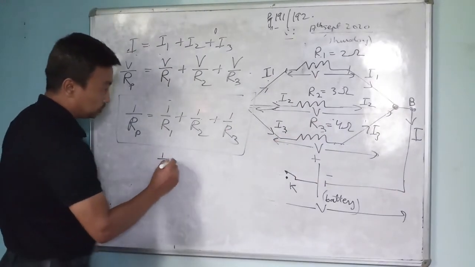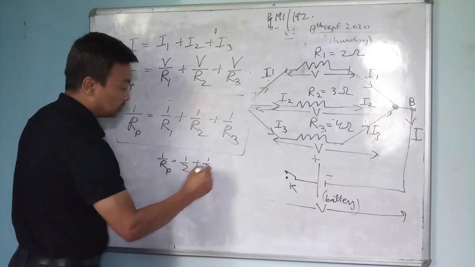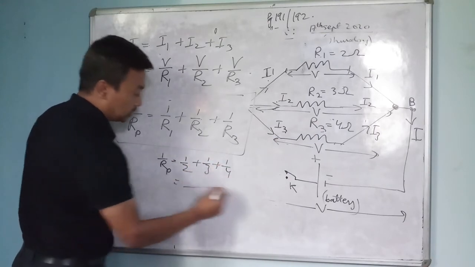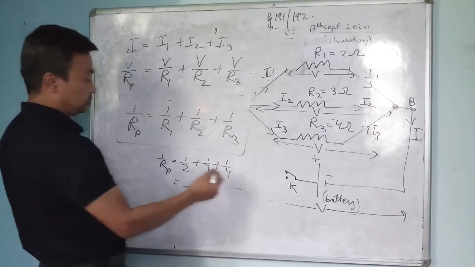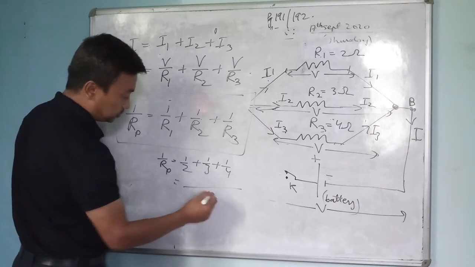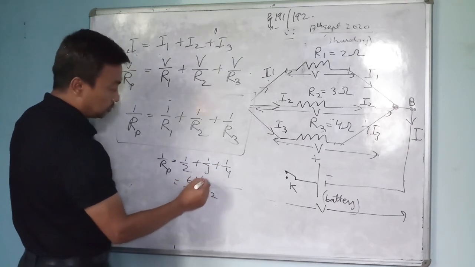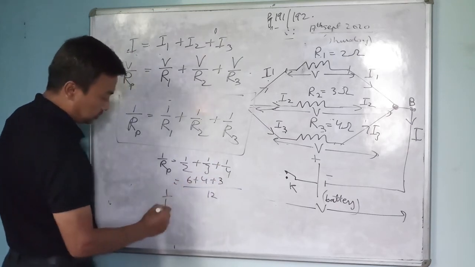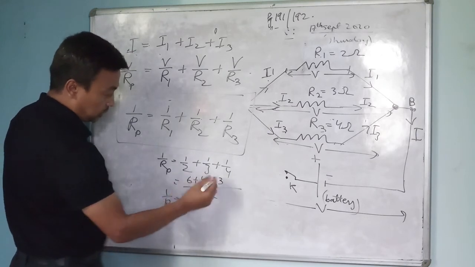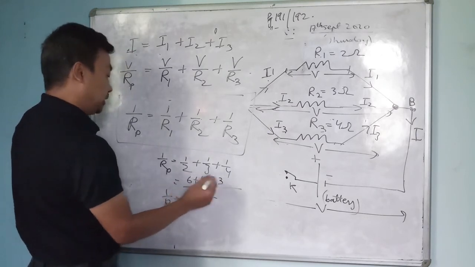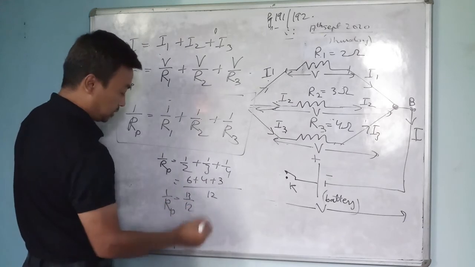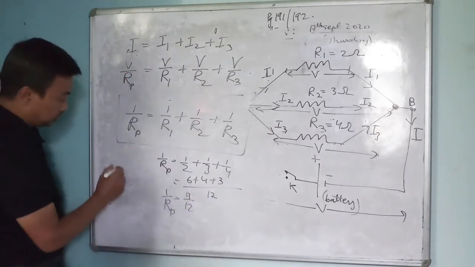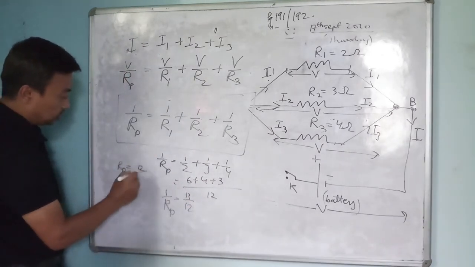What do you get here? 1 by 2 plus 1 by 3 plus 1 by 4. So let us add this quickly by taking the LCM. I think it should be 12. 6, 3 4s are 12, 4 3s are 12. So we get 6 plus 4 plus 3, 13 by 12. So if you reciprocate, you will get 12 by 13.